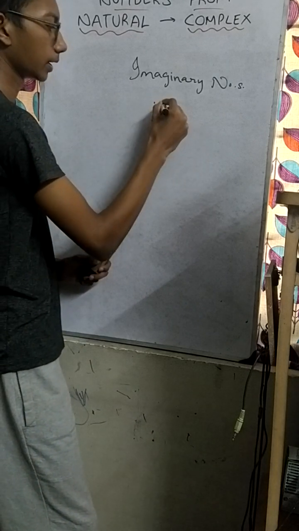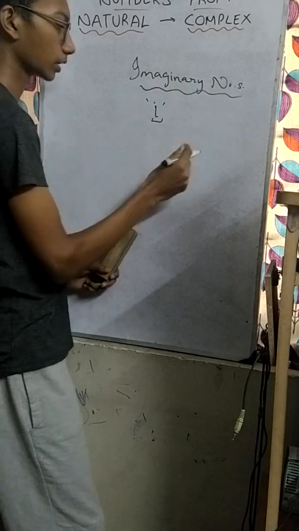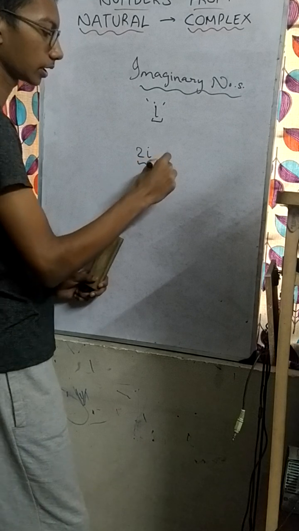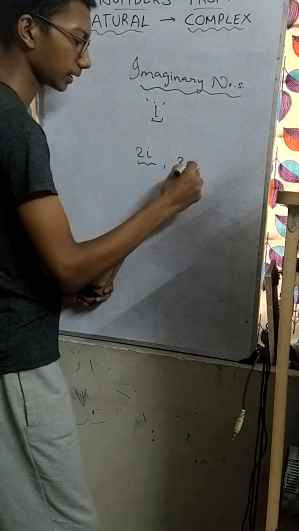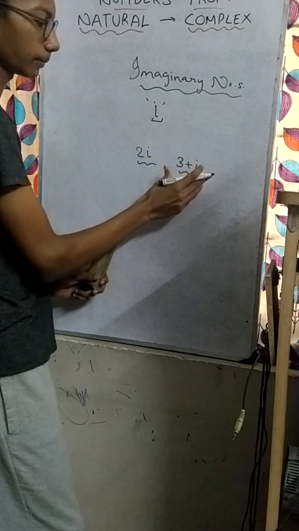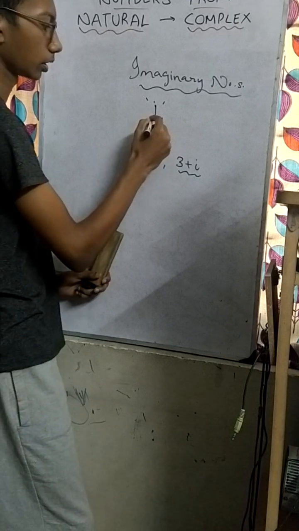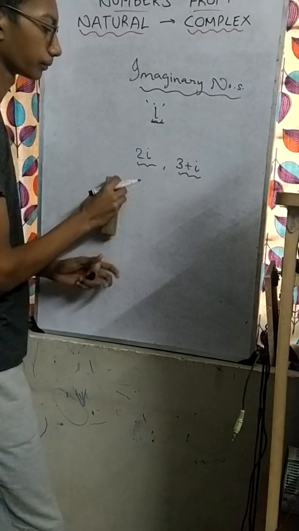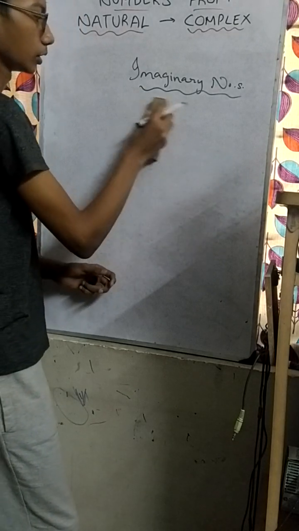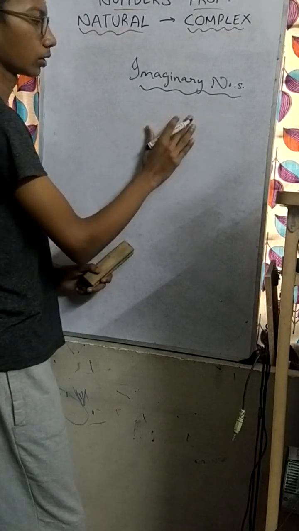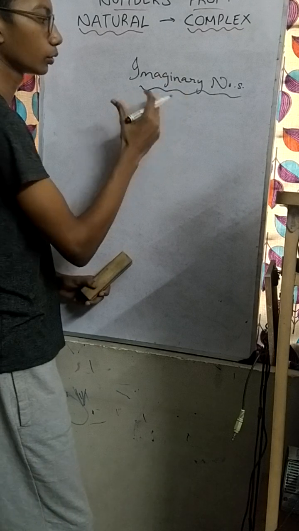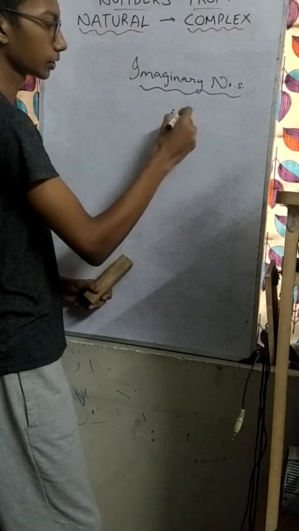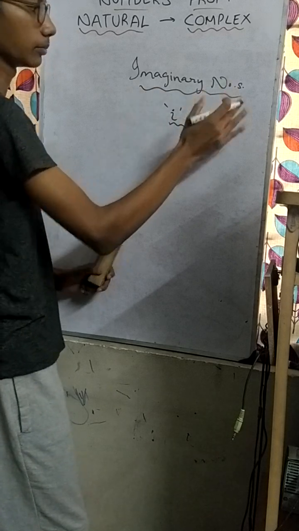This is the only number in imaginary numbers, but we can create a lot of numbers with i, like 2i, this is an imaginary number. 3 plus i, this is an imaginary number. So all the numbers that contain i are called imaginary numbers. There is no separate letter to denote imaginary numbers, because the only number it contains is i. So mostly if you see this, then it is an imaginary number.